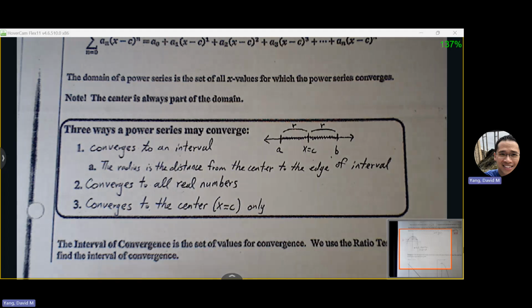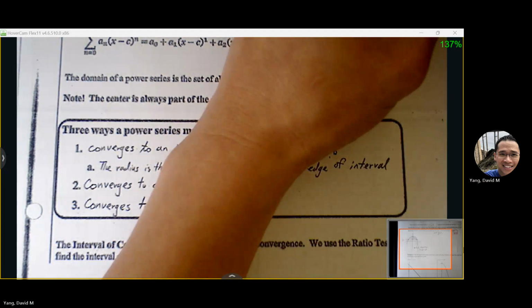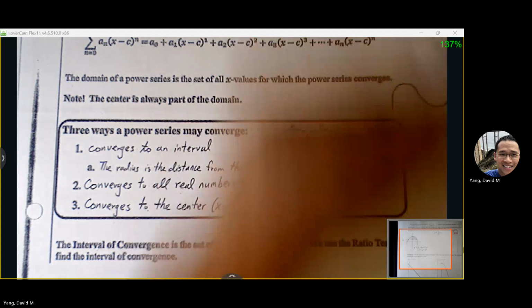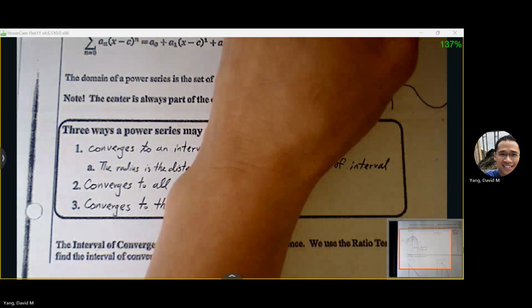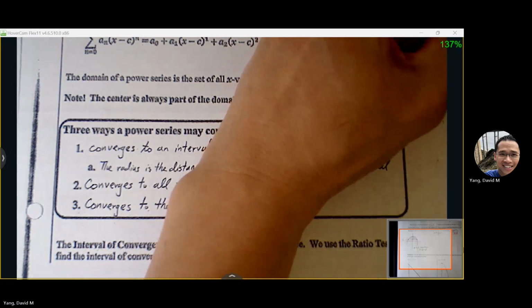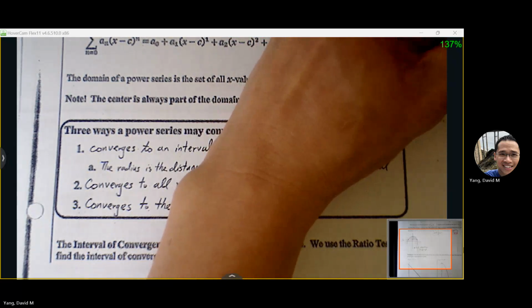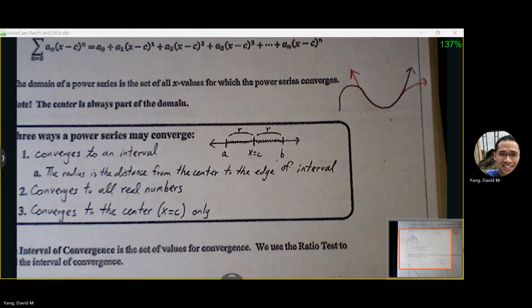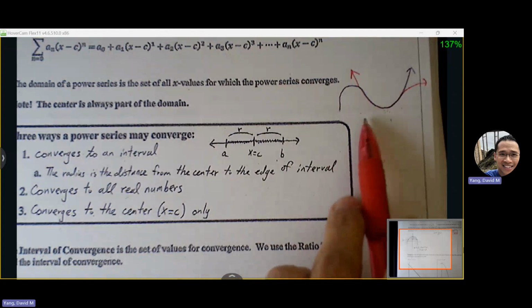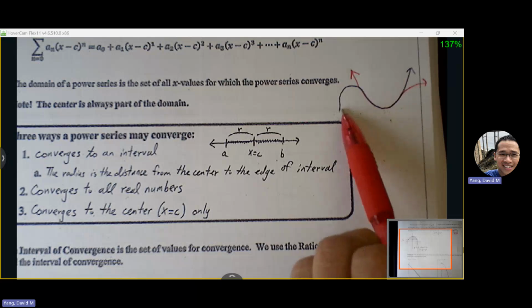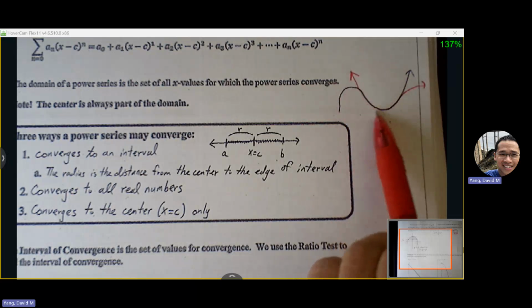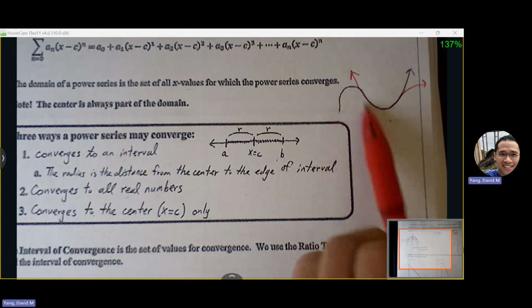Let me see if I can draw an example of this. Here's an example: let's say the graph in black is the series in question, the original series.